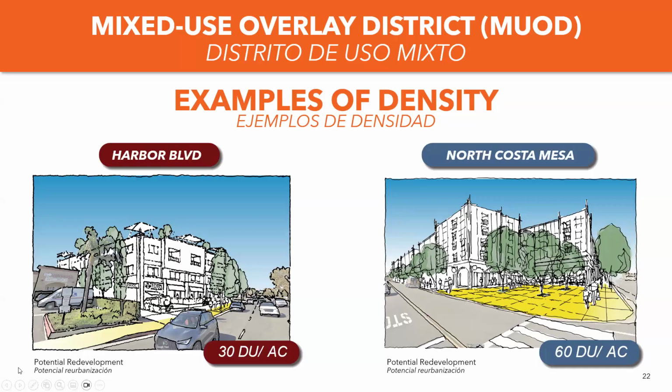This could equate to 30 dwelling units per acre. As another example, on the right in North Costa Mesa, the parcels are a lot larger. So for example, an existing office building could give way to a 5-story building with ground floor retail and then units stacked above. This would equate to 60 DUs per acre. Next.